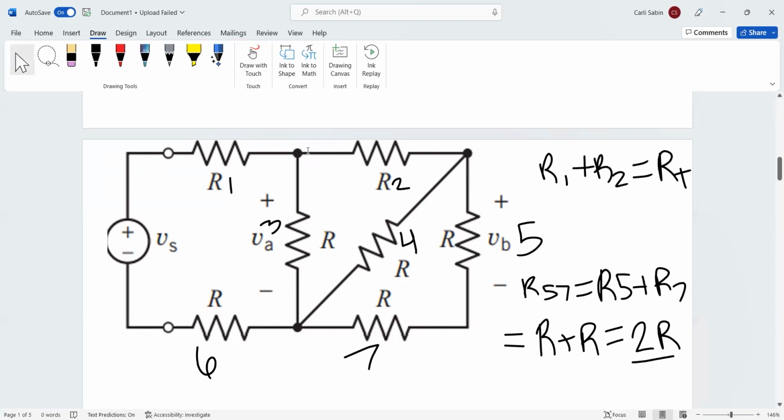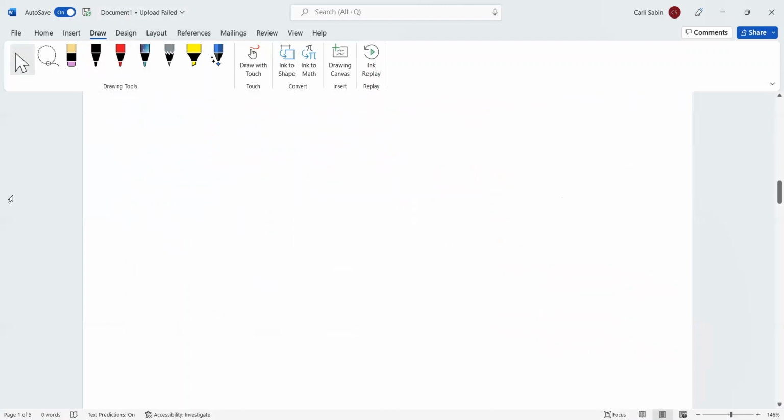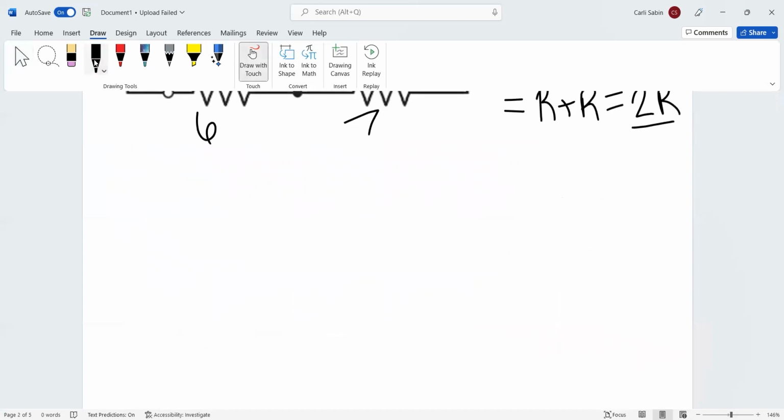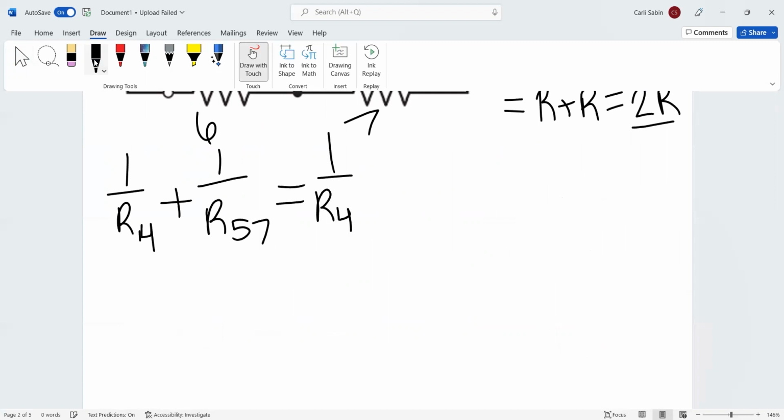And then the next thing that we're going to notice from this is that R4, which is our diagonal resistor, and R5 and 7 are going to be in parallel. This is because they're connected at these 2 nodes here, but they're not directly in a straight line. And so from that, we know that for parallel resistors, 1 over R of 4, 5, 7 equals 1 over R4 plus 1 over R of 5, 7.